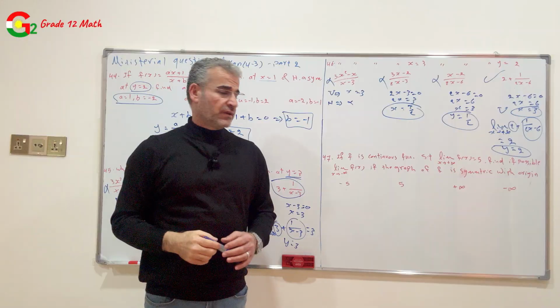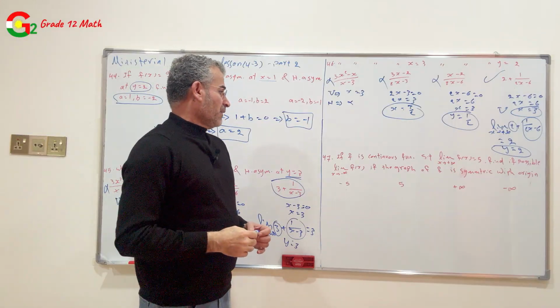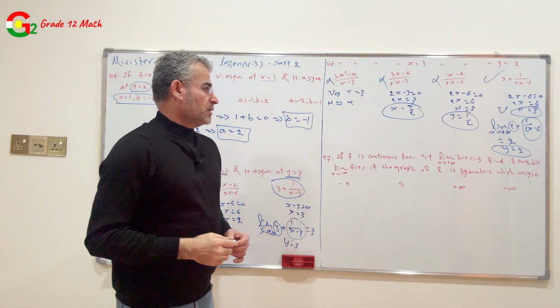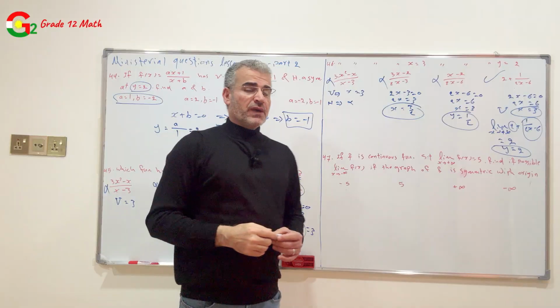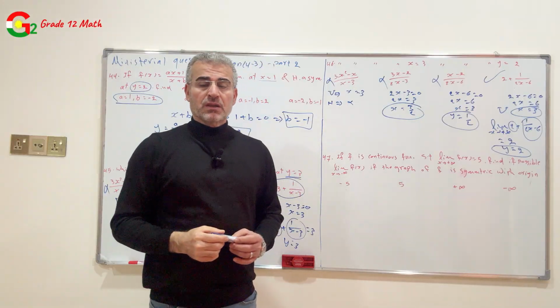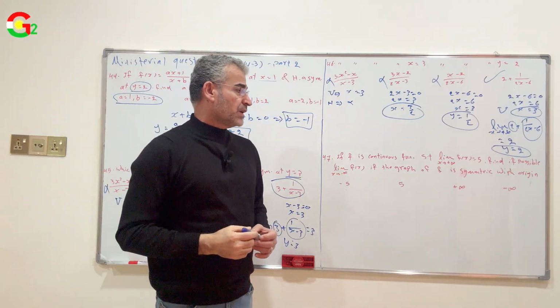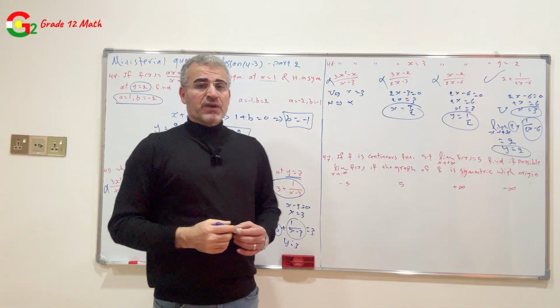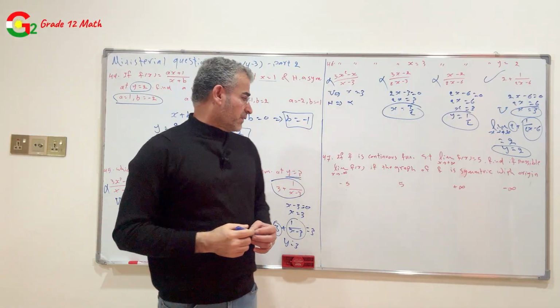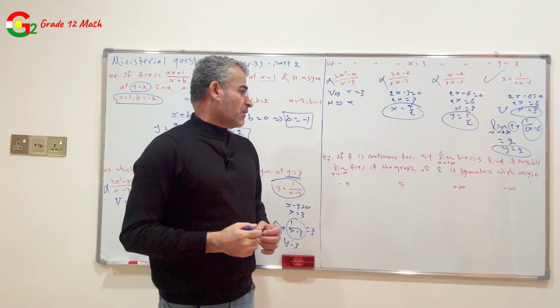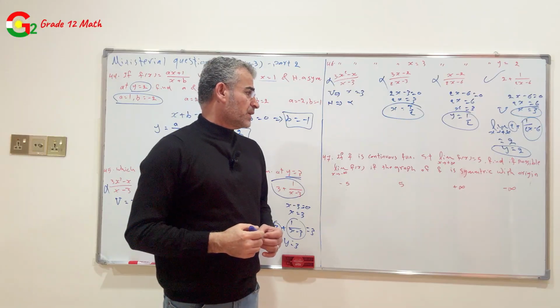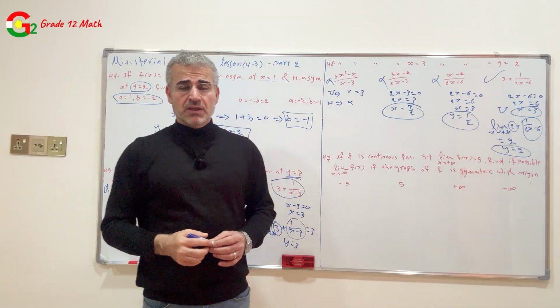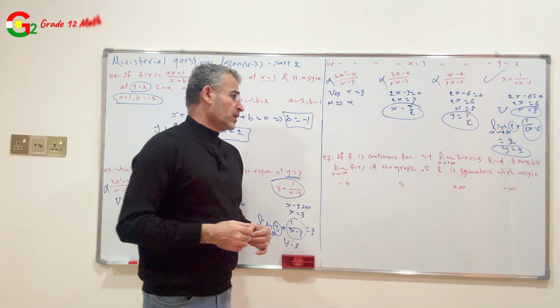Question number 47. If f is a continuous function such that the limit of f of x when x approaches positive infinity equals 5, find if possible the limit of f of x when x approaches negative infinity if the graph of the function f of x is symmetric with the origin, since the function is odd.